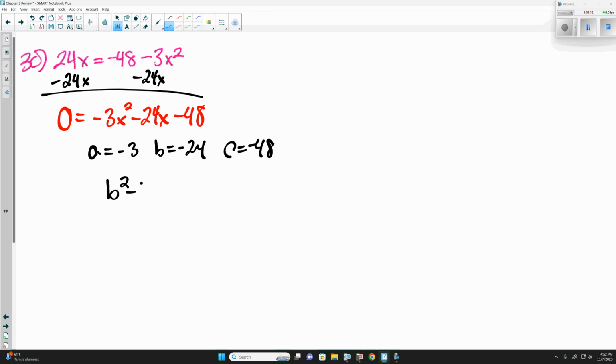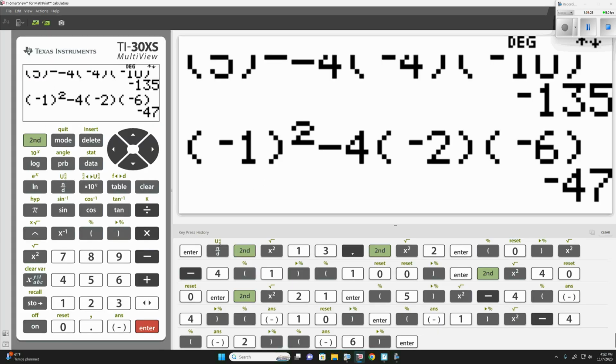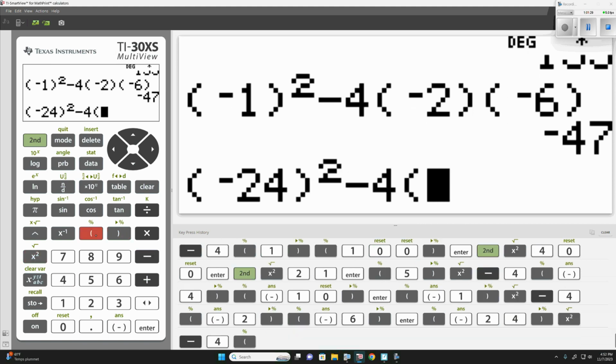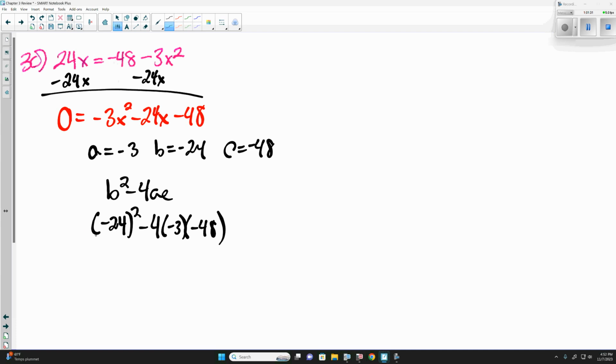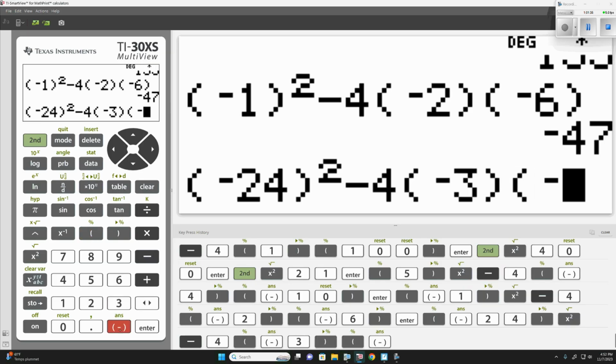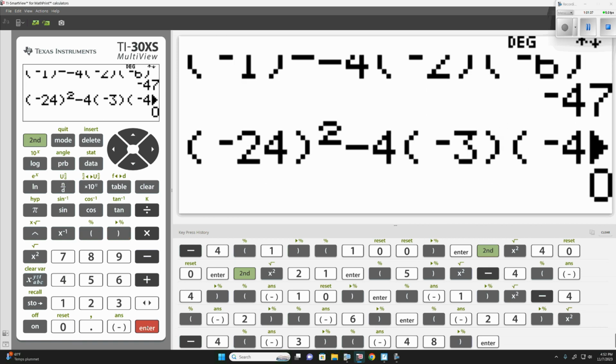So our b squared minus 4ac. b is negative 24. So negative 24 squared minus 4 times negative 3 times negative 48. Again, we can plug this in. Parentheses, negative 24 squared minus 4 times negative 3 times negative 48 is 0.